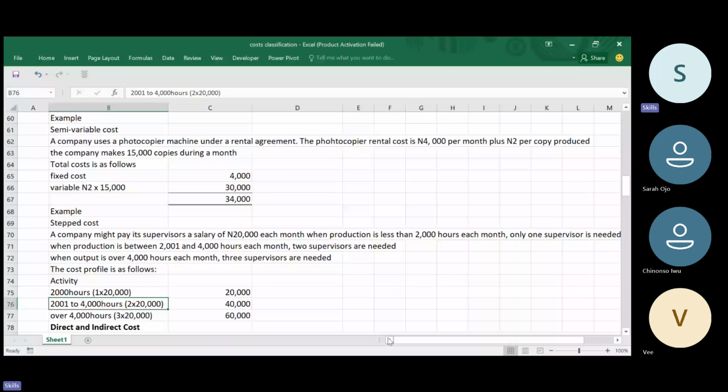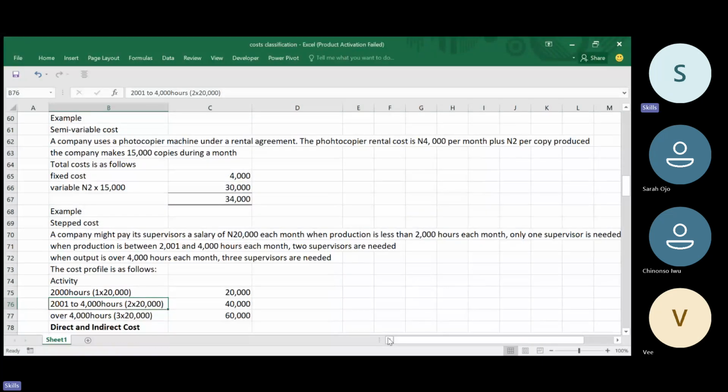So 2 supervisors can handle from 2001 to 4,000. But when it is above 4,000, you will need an additional supervisor, making 3 supervisors. And the cost for each supervisor is 20,000.